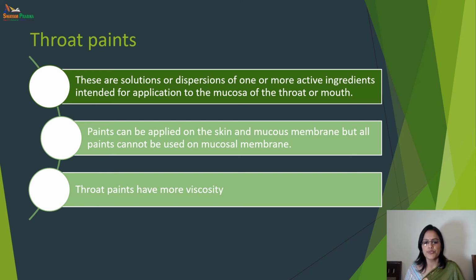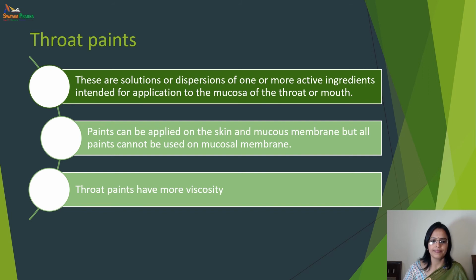So throat paint should be made viscous so that they are going to adhere to the target site for longer duration of action. So this is one important characteristic of throat paints, that they are thick enough in consistency so that they are going to adhere to the target site for a longer period of time.